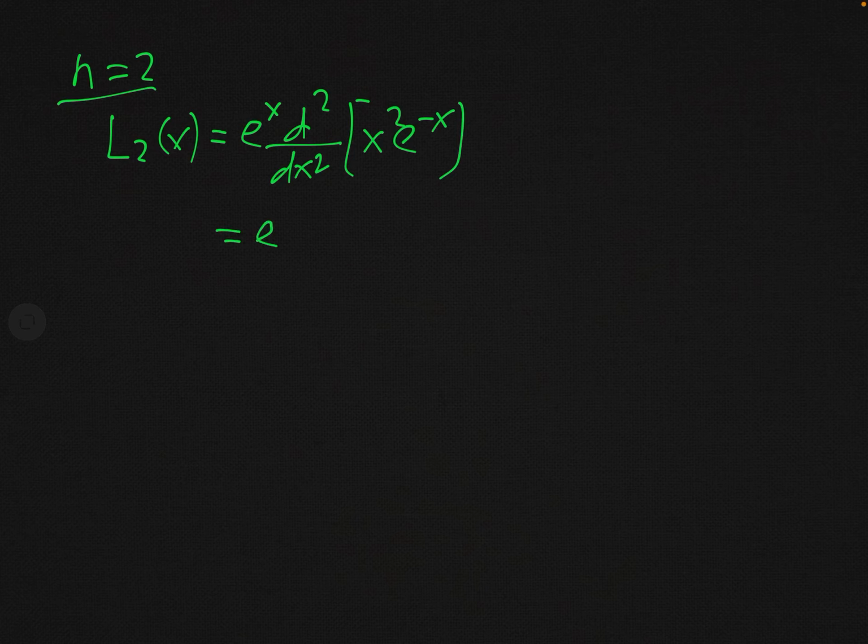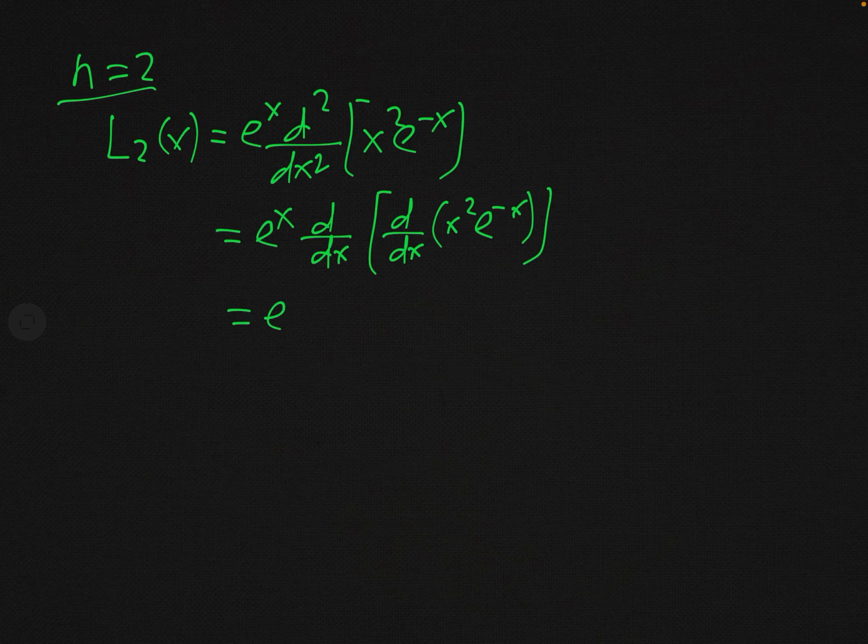Now this is e raised to the power x d/dx of d/dx of x square e to the power minus x.